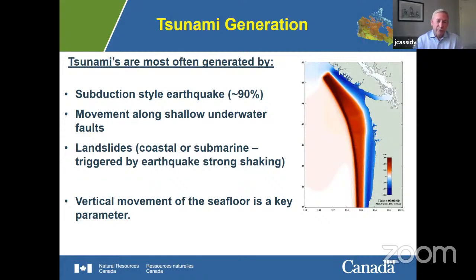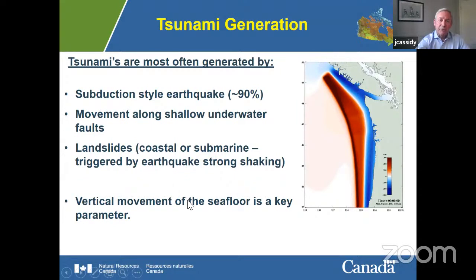It's also the movement for shallow earthquakes. The movement of the seafloor is very effective at generating tsunamis. And the third is the landslides that are triggered by earthquakes, whether onshore landslides, coastal landslides, or submarine landslides, as we've seen, for example, in 1946 here on Vancouver Island, an earthquake beneath land that triggered hundreds of landslides into lakes that triggered localized waves that were very significant.